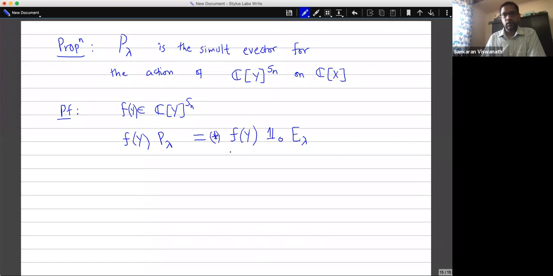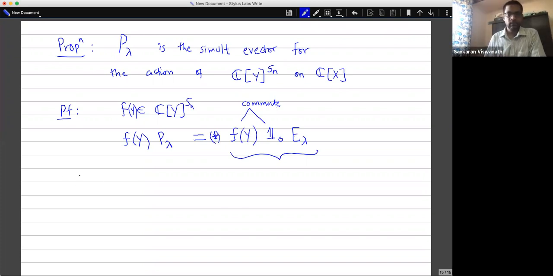So the question is, how does one compute this? We have to understand how the Y's and the 1_0's interact. If you can push the Y's past the 1_0's in some way, then you can try to compute this. Now the point is, these two things actually commute with each other, f(y) and 1_0.